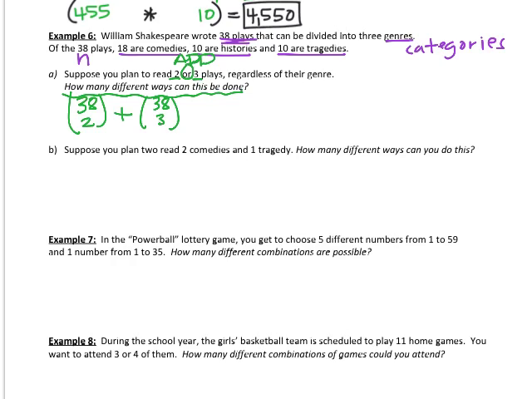So in your calculator, remember you would enter 38, then you would make the nCr appear on your screen, and then you would put in the 2. And there are 703 different combinations that you could come up with when you're choosing 2 of any of his plays from the 38. Plus, if you're choosing 3, then you would have 8,436 different ways to choose those 3.